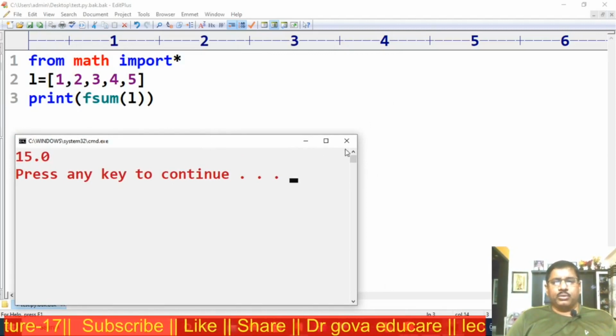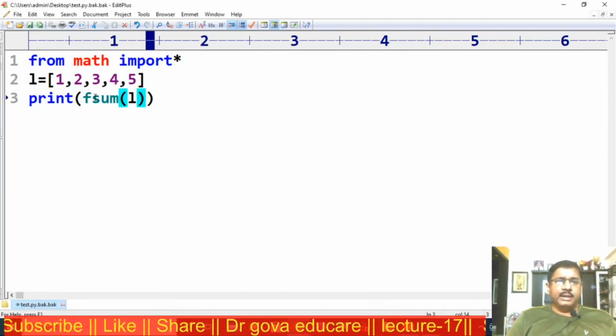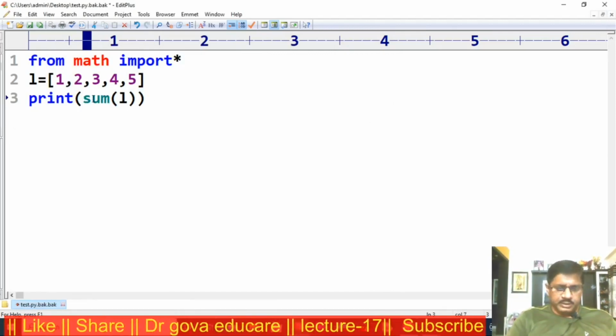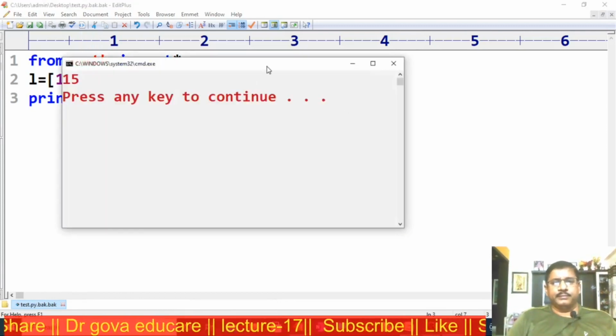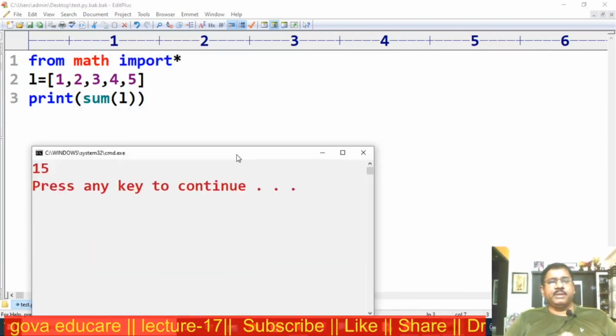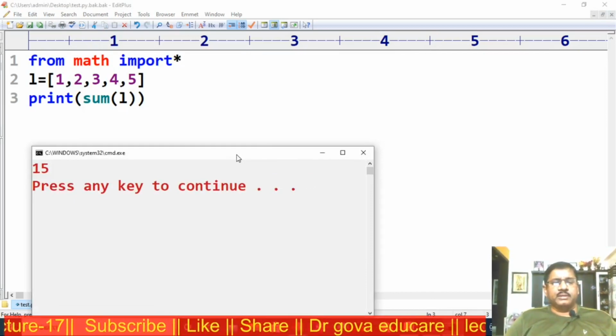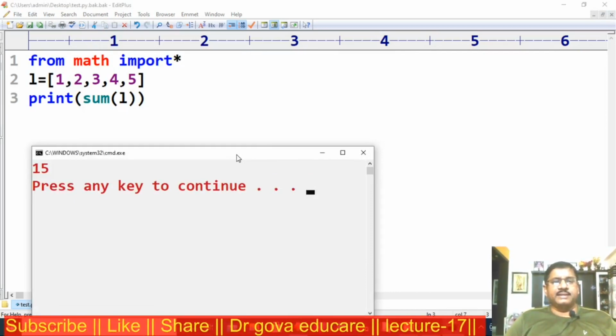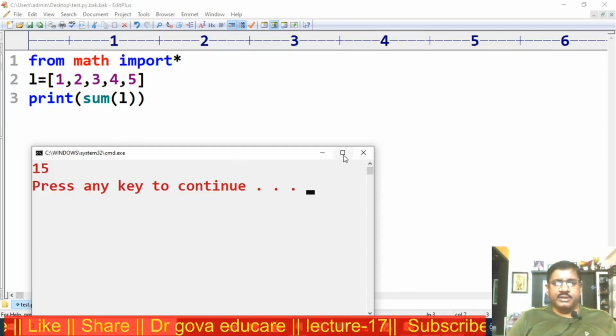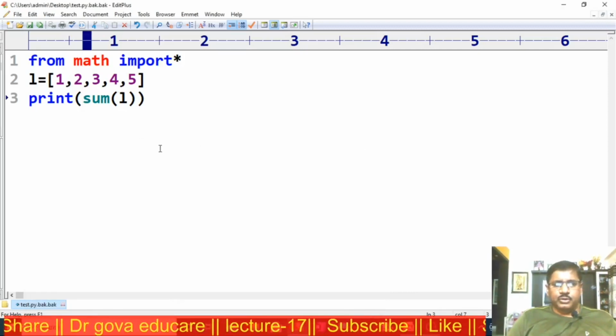If I want the sum in integer form, simply use sum, not fsum. fsum means the result is in floating point form. Simply sum means the result is in integer form, as it is, the true value.